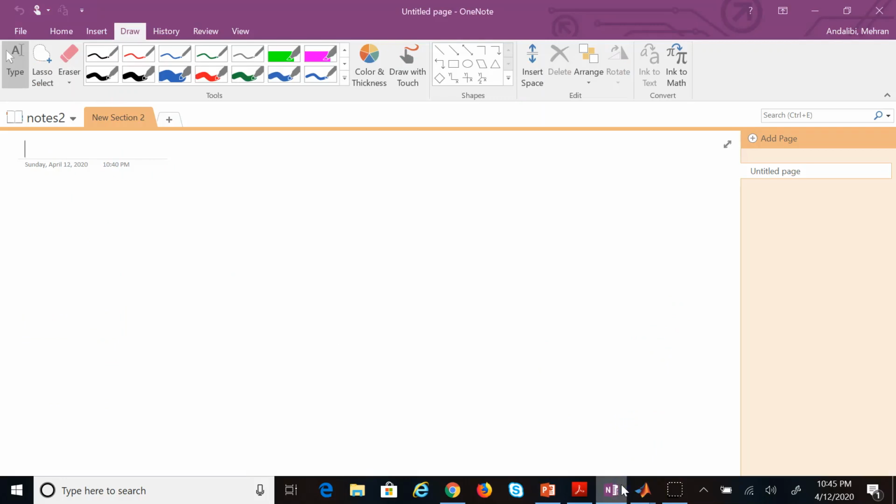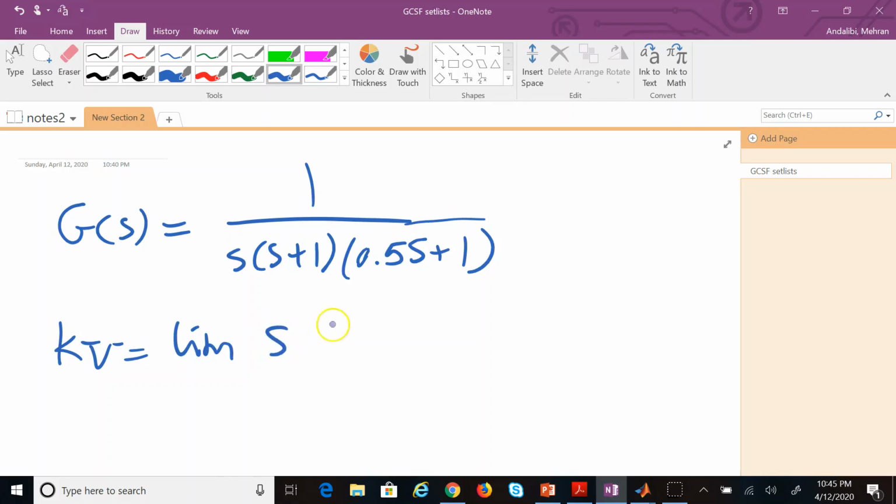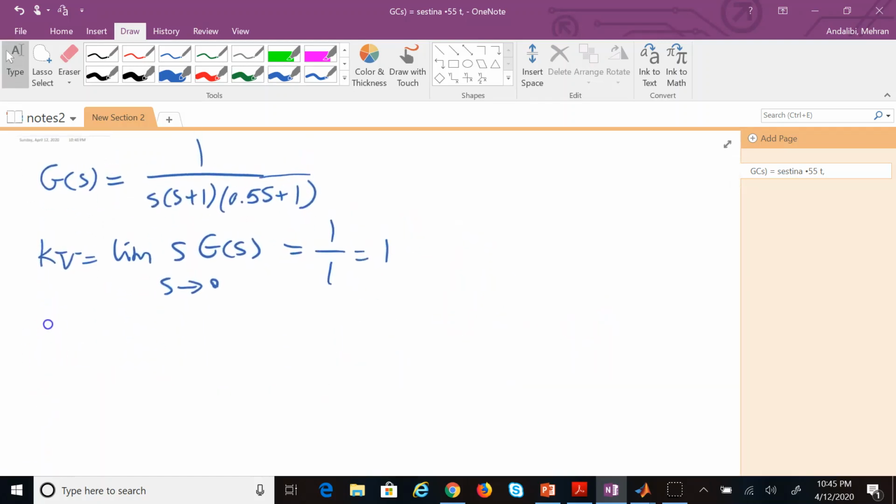So if you look here, G(s), which is 1 over s times (s plus 1) times (0.5 s plus 1), Kv for this is equal to the limit of s times G(s) as s goes to 0, and that s and this s would cancel out, and these s's go to 0, so you're going to get 1 over 1, or 1 unit. So, okay, that's your Kv.